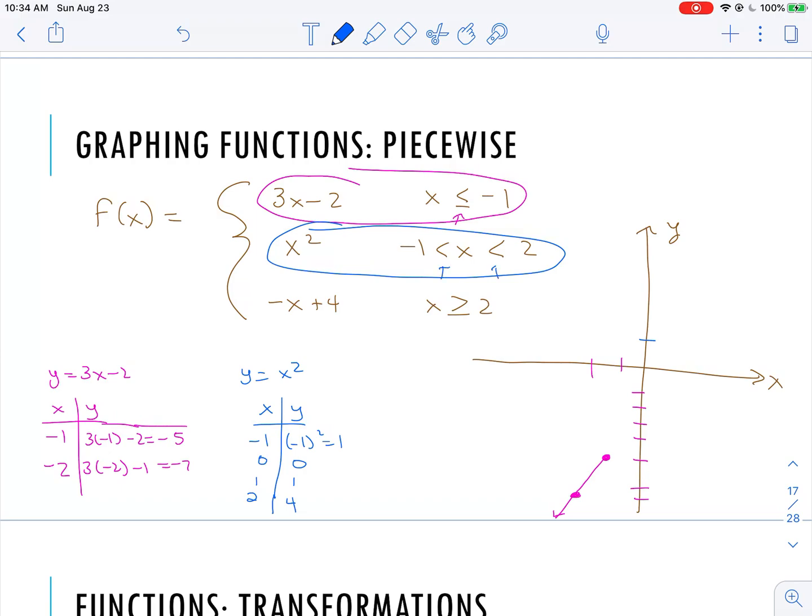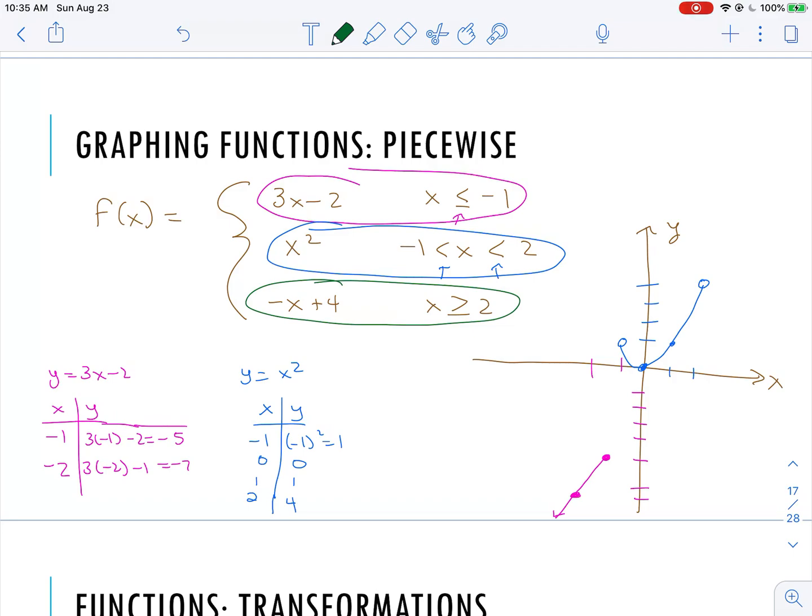So I have (-1, 1). Now notice both of these are just less than or greater than signs, so they're both going to be open circles. So that's (-1, 1), (0, 0), (1, 1), and then (2, 4). Again, 2 is a boundary point, and since it's just x is less than 2, it's also going to be an open circle. So that would be the middle part of my piecewise function, would be that blue piece.